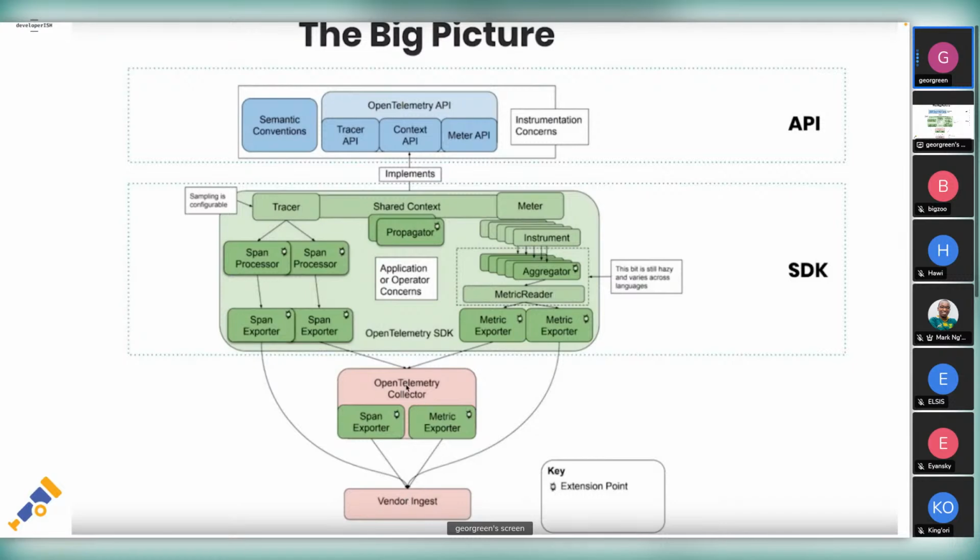And also they have this OpenTelemetry collector, which is an initiative to try to unify how you collect and export metrics from your application. As I said earlier, most people run an agent on their application, and then this agent sends this telemetry that your application has produced to a third-party service.